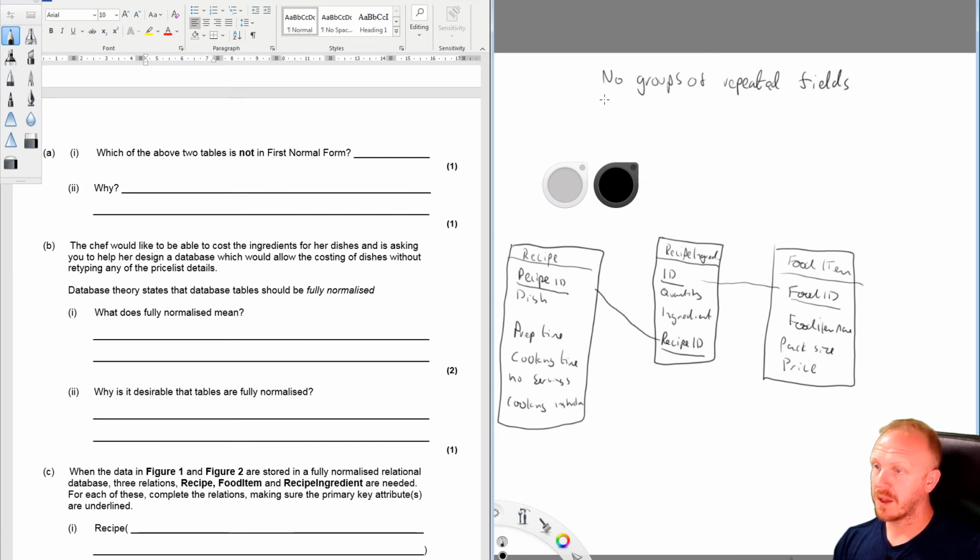That's the first normal form. For second normal form, there must be no partial key dependencies, and for third normal form, there must be no non-key dependencies.